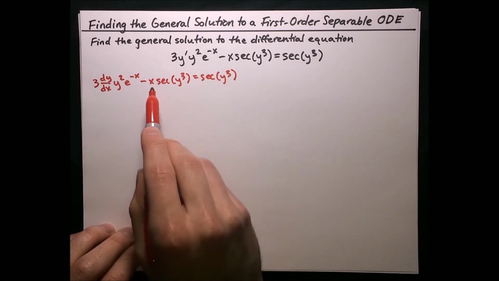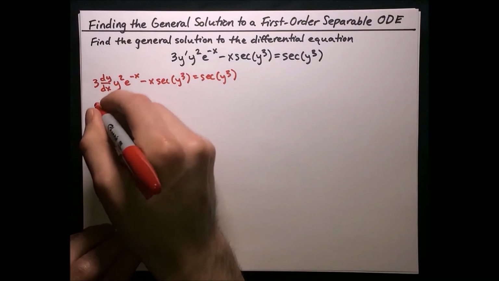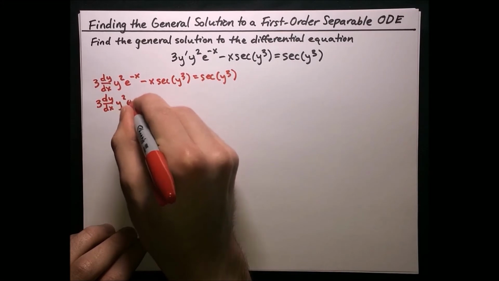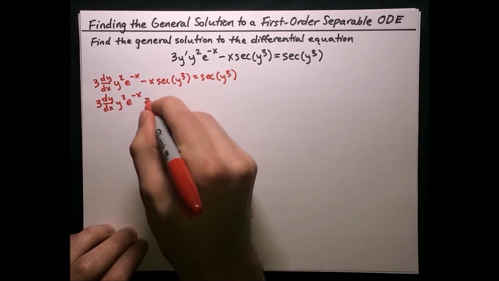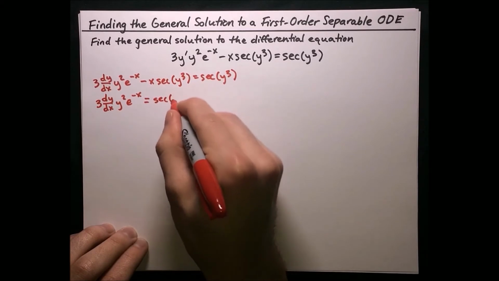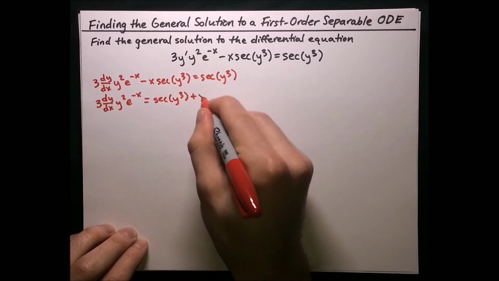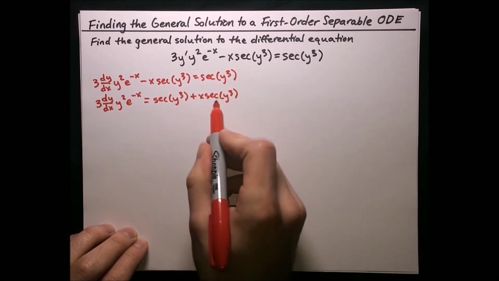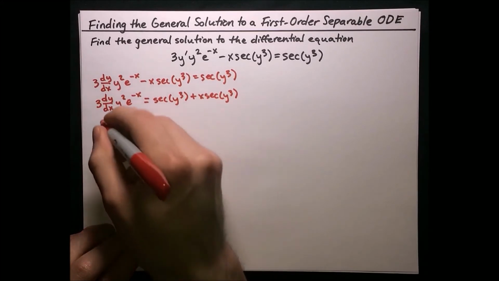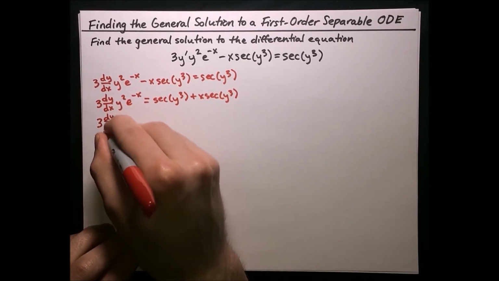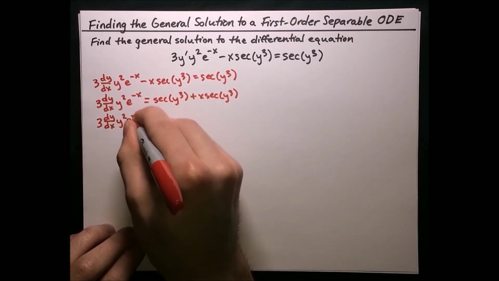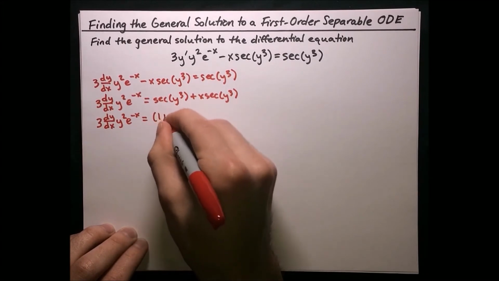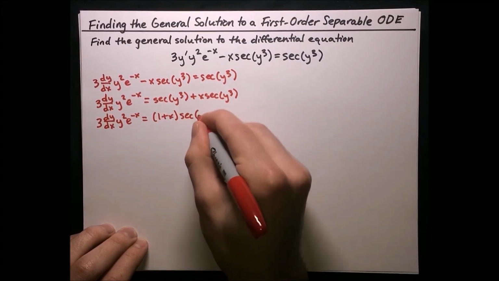So we'll add x secant y cubed to both sides, and we'll get 3 times dy over dx y squared e to the negative x is equal to secant of y cubed plus x secant of y cubed. And now we can go ahead and factor out a secant y cubed from these two terms. So 3 dy over dx y squared e to the negative x equals 1 plus x times secant y cubed.